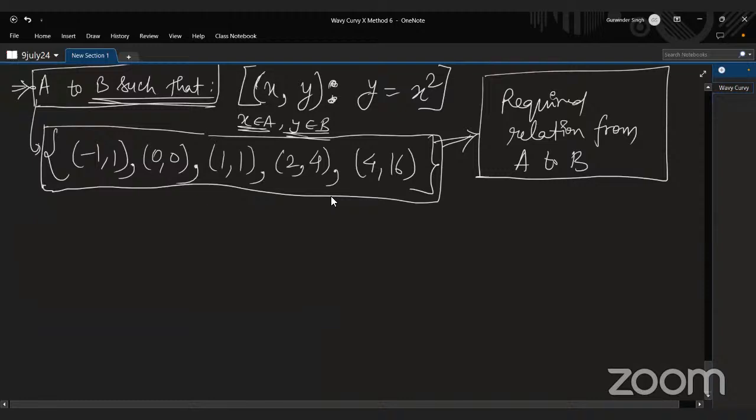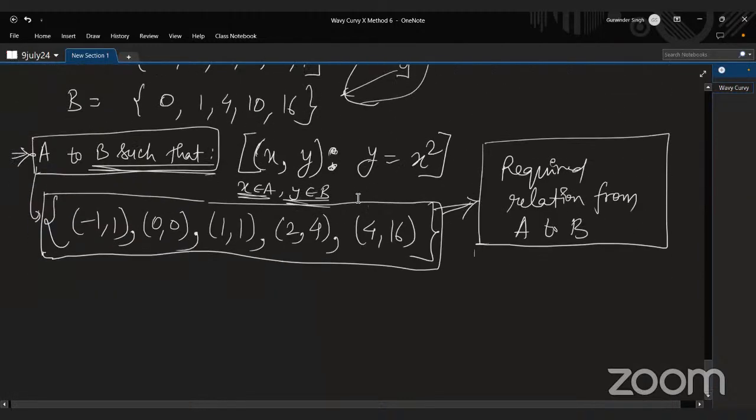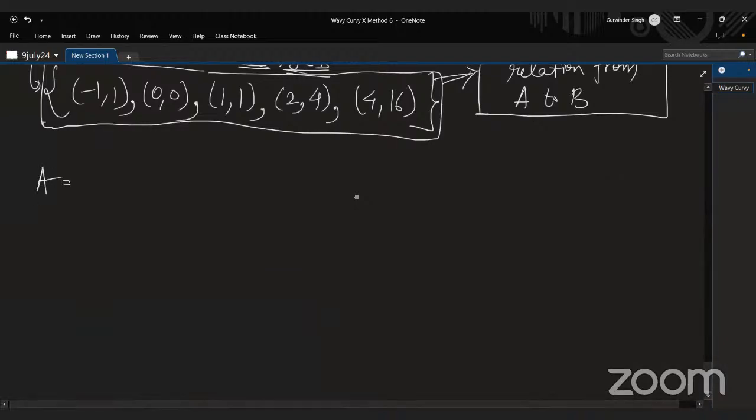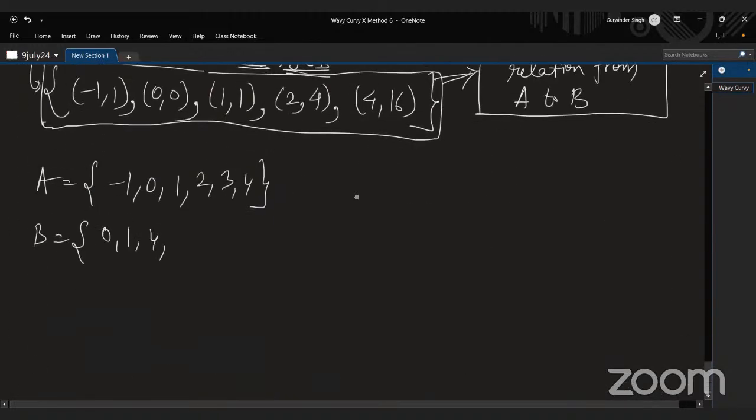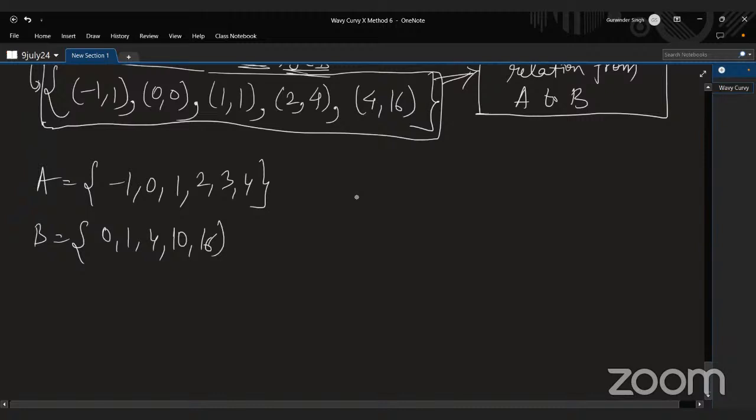So in other words, if I give you this set A, -1, 0, 1, 2, 3, 4, and I give you the set B, that is 0, 1, 4, 10, and 16, I can write this relation in the builder form also.